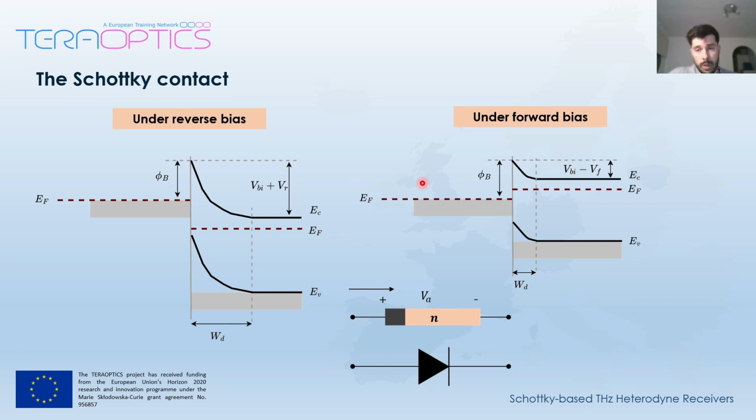However, if we have the opposite case, the barrier height from the semiconductor will be reduced by that forward voltage, and therefore some electrons may have enough energy to flow through the semiconductor to the metal. And as we reduce this barrier, more and more electrons will flow through the contact. And that is essentially the mechanism of a Schottky diode.